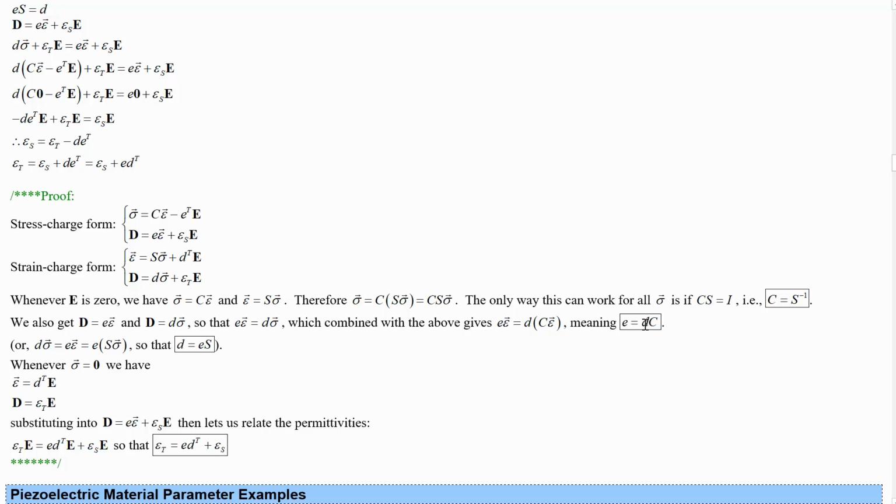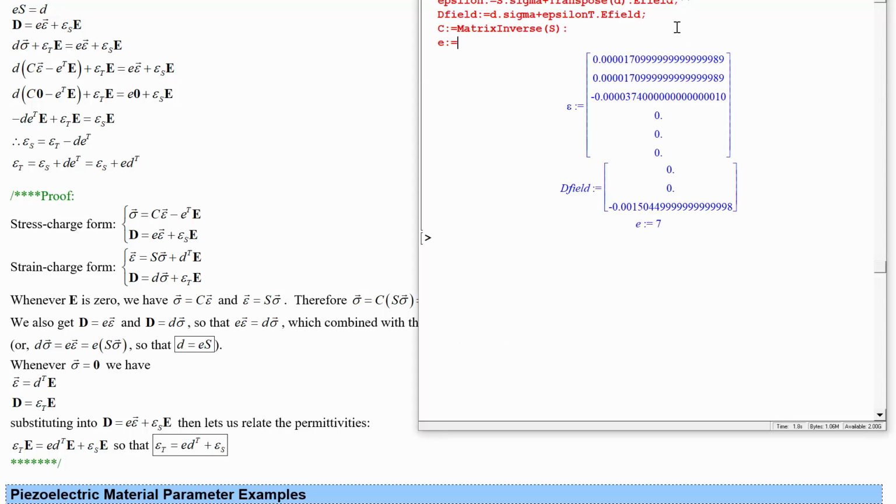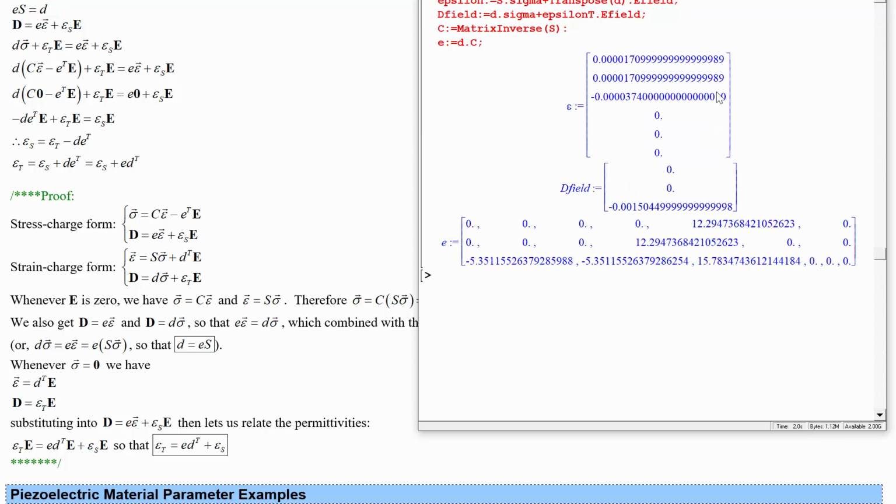Okay, so we're going to get E by taking D and right multiplying by C. Okay, so this is kind of interesting. We didn't scale this, right? D is in units of 10 to the negative 12, and C is in units of around 10 to the 12. So when you multiply them together, you get units around 1.